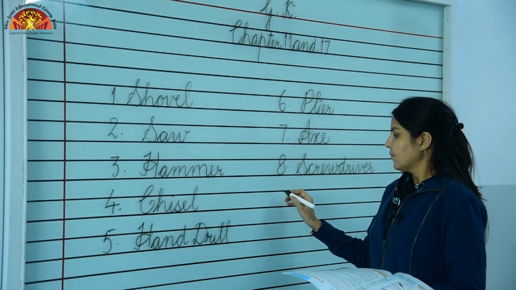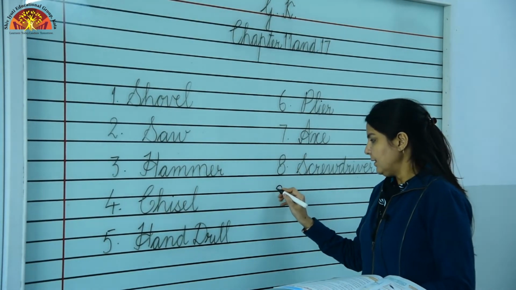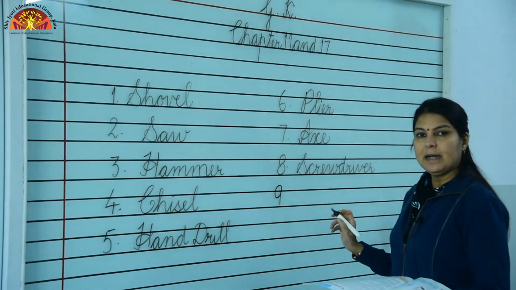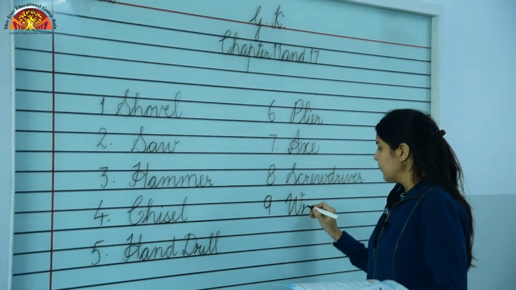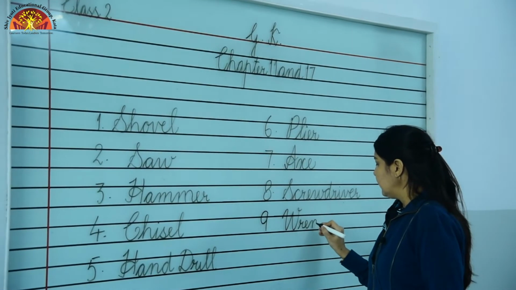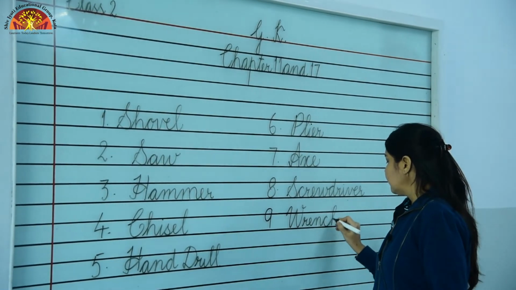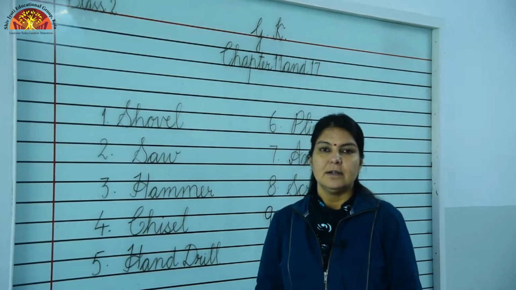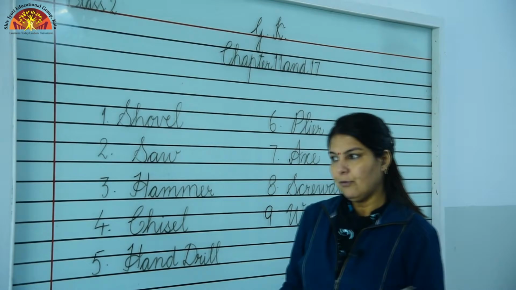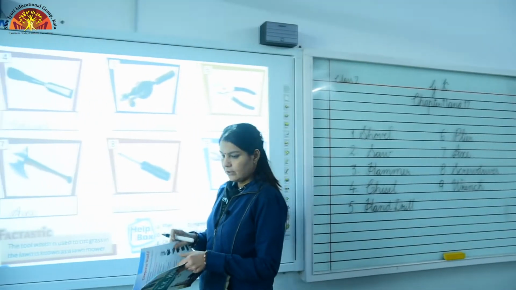Now number 9 is wrench. The spelling of wrench is W-R-E-N-C-H, wrench. Now children, do this work in beautiful handwriting. Now we will see fact of this chapter.